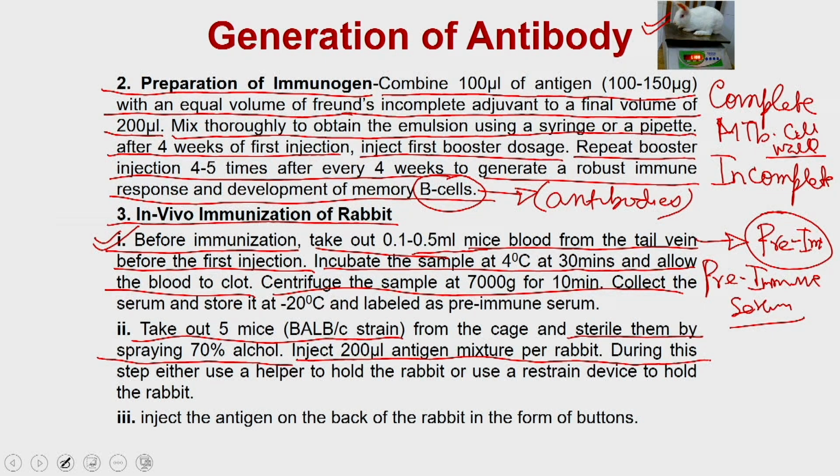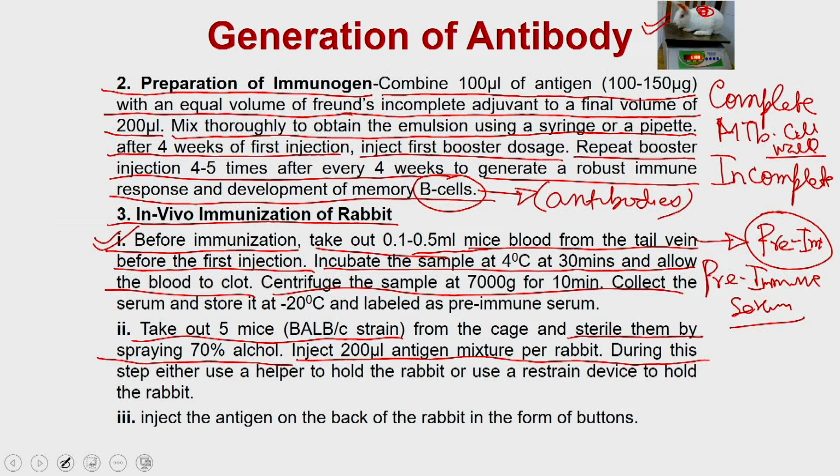the rabbit. There are many places where you can inject into the rabbit. The most preferred area is the back side of the rabbit, so that it does not cause any discomfort. Many times people inject into the foot paw.